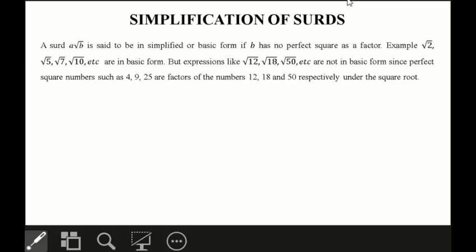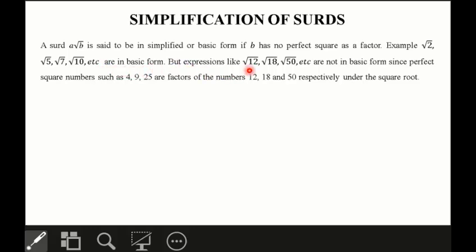An example, when we have root 2, it cannot be simplified further, so it is in its simplified form. The root of 5 same, the root of 7, the root of 10, and so on. These numbers are already in their simplified form. Good.